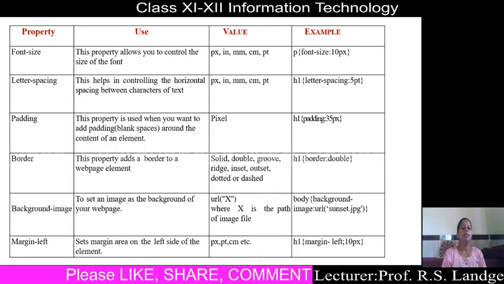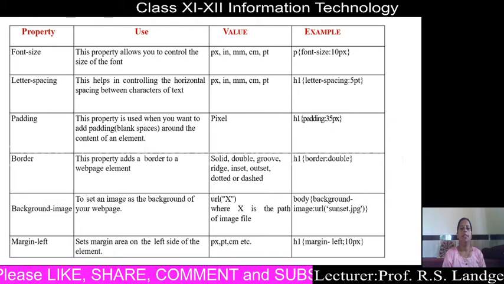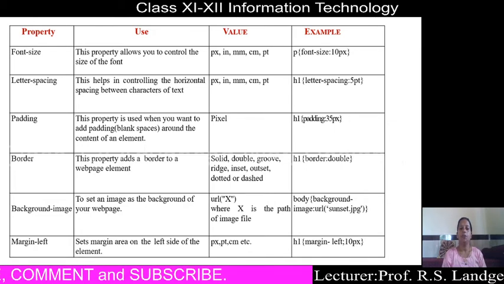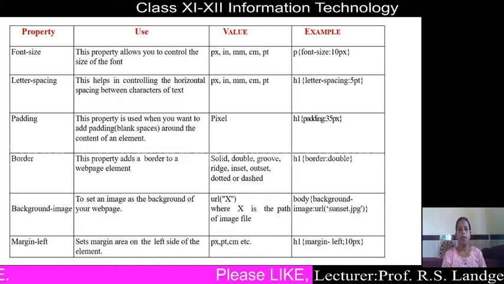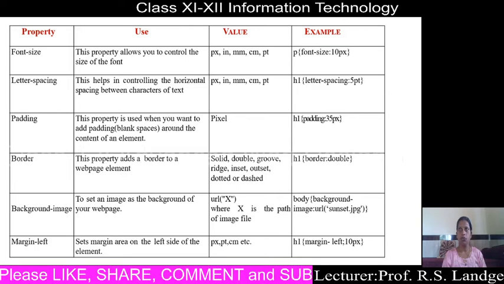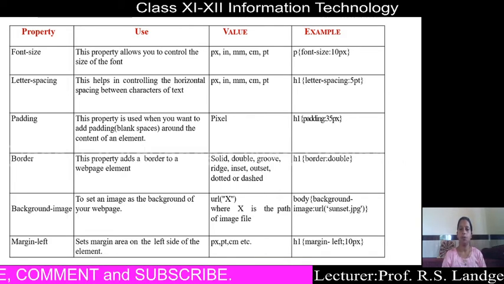The next property is background-image. To set an image as the background of your web page, the background-image property can be used. You can also add a background image for a paragraph; a background image for any content can be created with the help of this property.